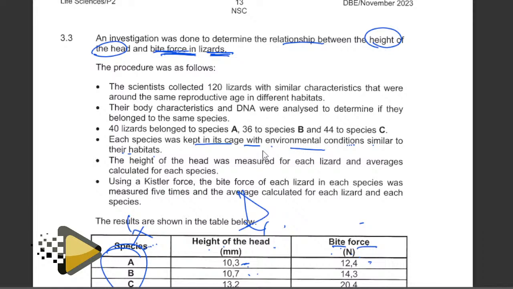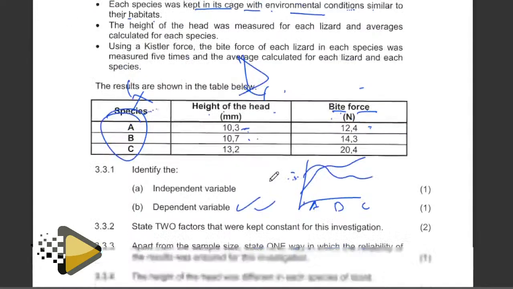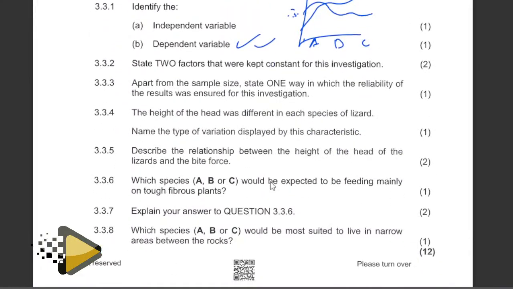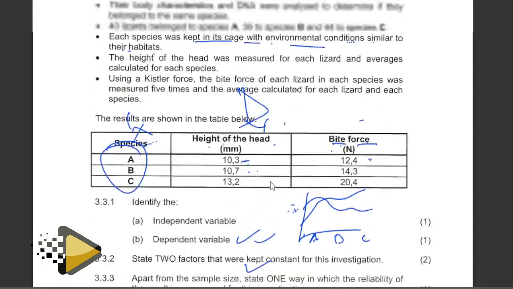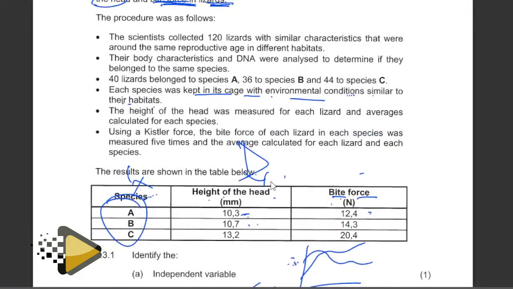Talk about environmental factors which you could keep constant, or any other factor which you read there. They're saying that apart from the sample size, state one way in which the reliability of the experiment was ensured.